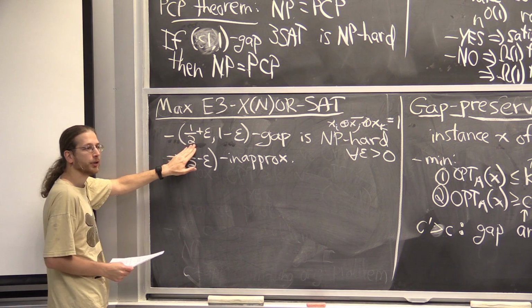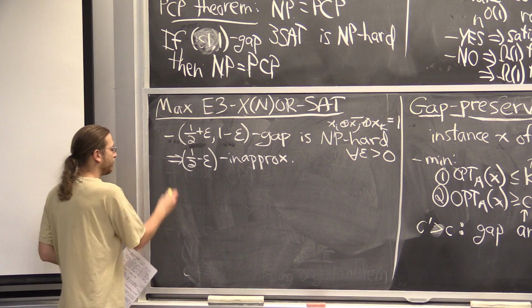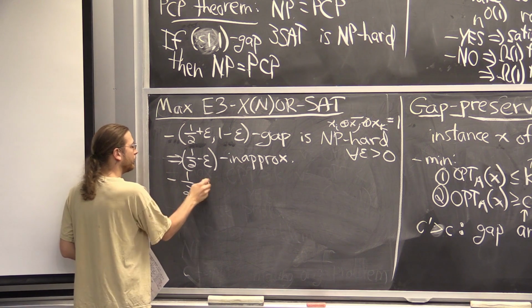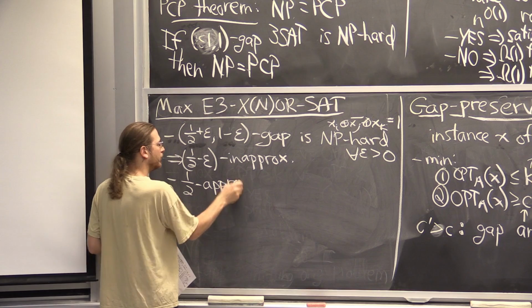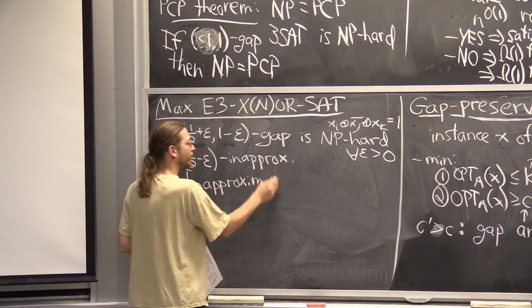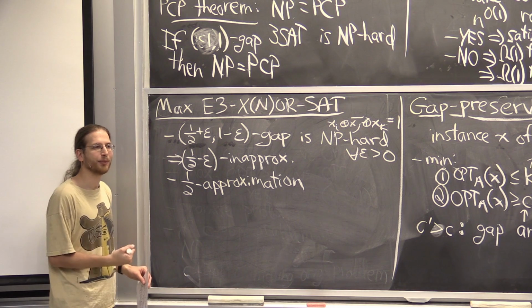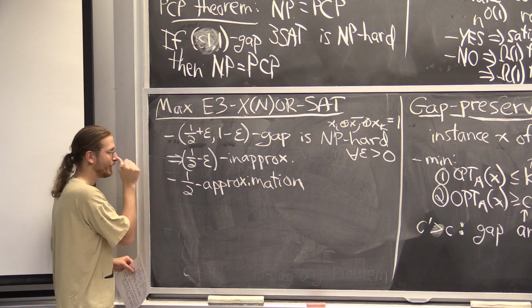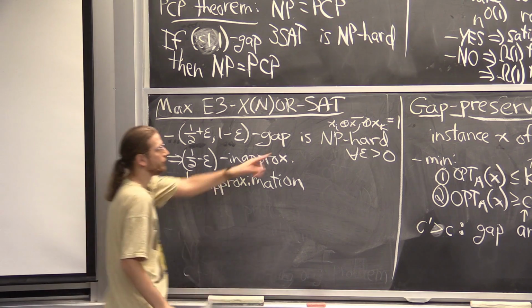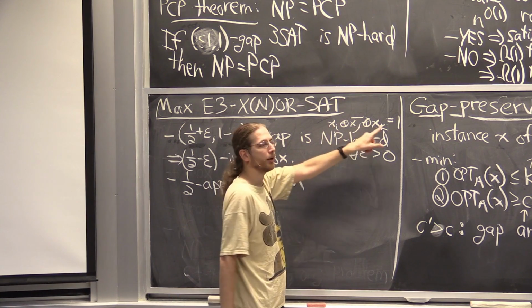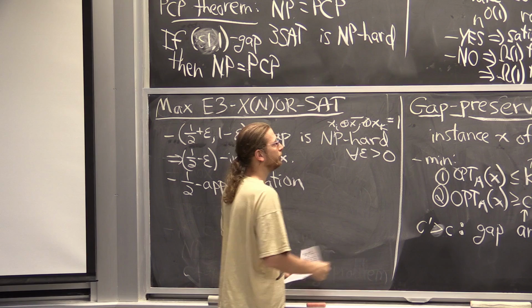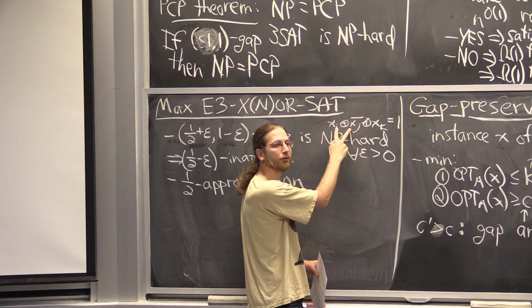Why 1/2 here? Because there is a 1/2 approximation. I've mentioned the general approach for approximation algorithms for SAT is to take a random variable assignment. In this case, because these statements are about a parity, if you think of x_k as random, it doesn't matter what these two are.